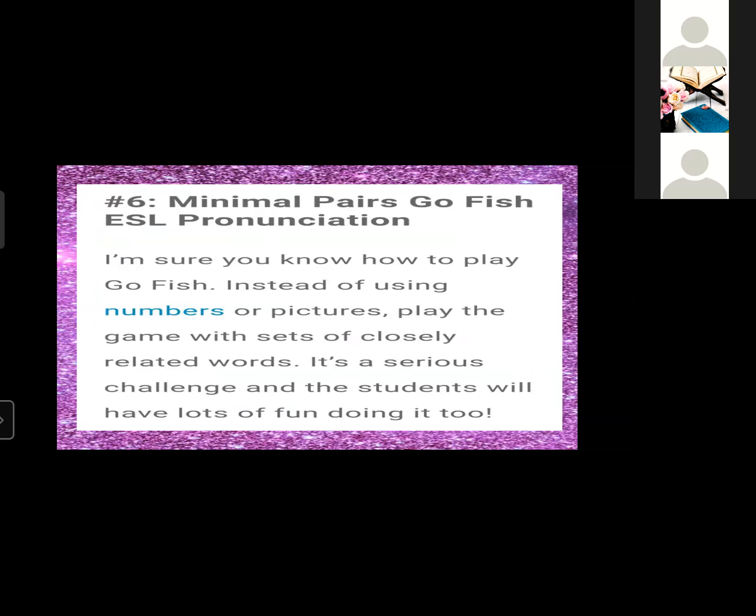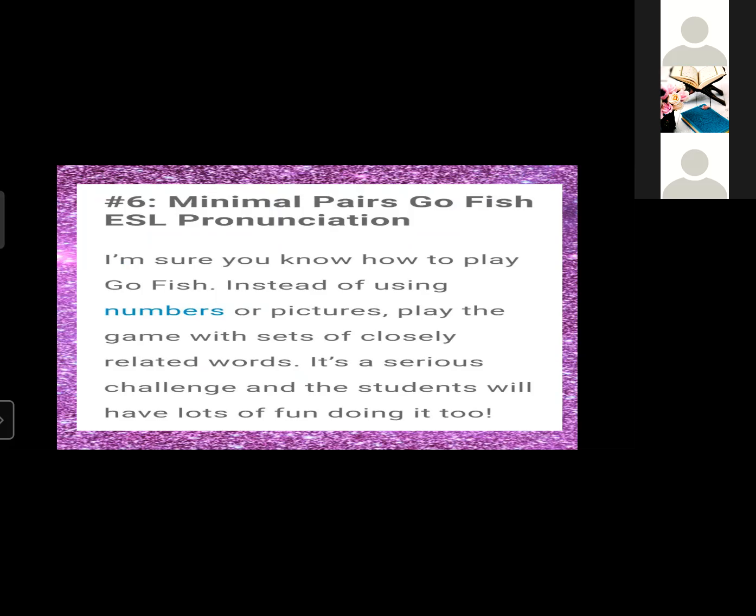We also have minimal pairs go fish ESL pronunciation. This is like if you are having a basket or a box full of words, you ask your learners to go fish. Go fish means to go and try to get the words, for example, which start with the sound B. Another group goes to try to pick or go fish words starting with the sound G. And another group goes fishing and tries to find words starting with the sound H. So they try to collect as many words as possible, and the group which collects the most words will be the winner.